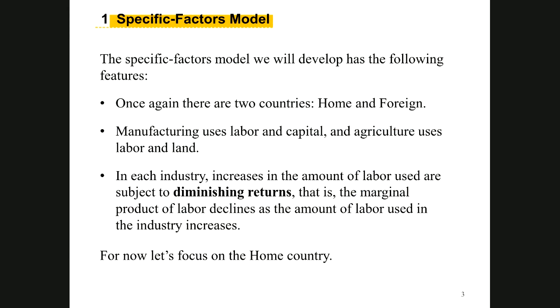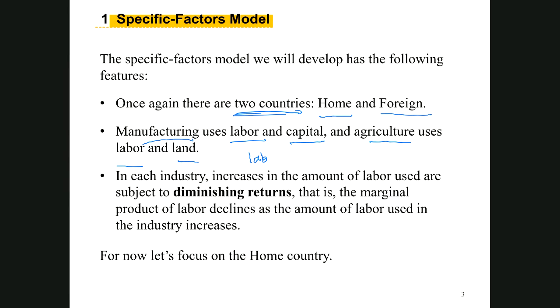So once again, we have two countries, home and foreign. Manufacturing only uses labor and capital. Agriculture uses labor and land. All right, so what is the factor that both sectors commonly use? It's labor.